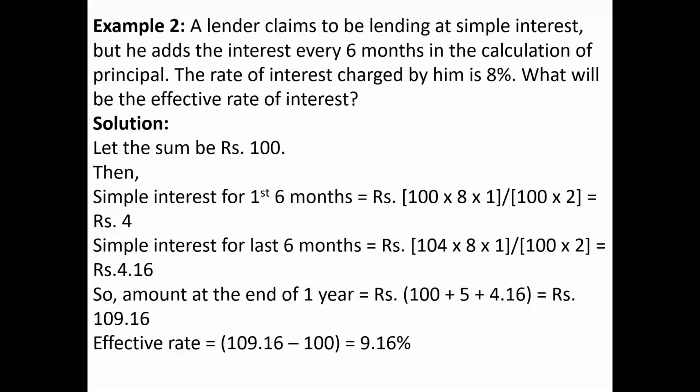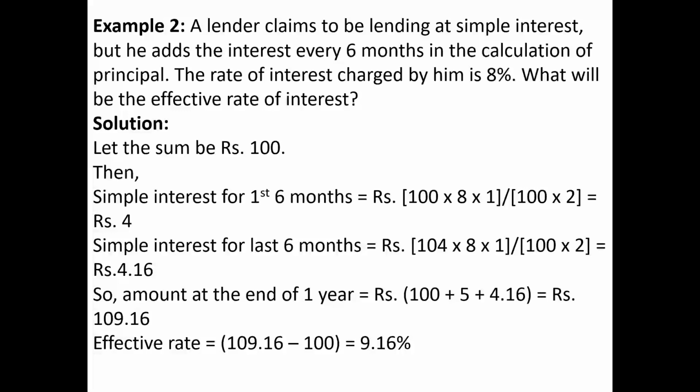The amount at the end of 1 year, what will it become? We need to add both, 4 plus 4, that gives 8 plus 0.16. So if we add it, 100 plus 8 plus 1.16, that will give you rupees 109.16. Effective rate is 109.16 minus 100, that is 9.16.